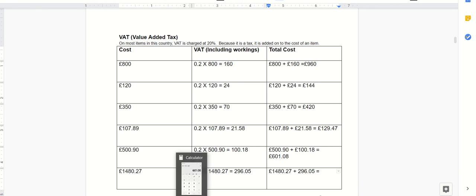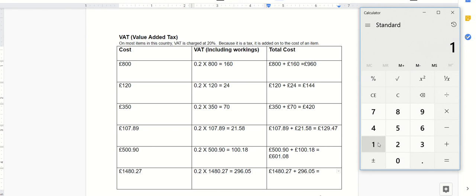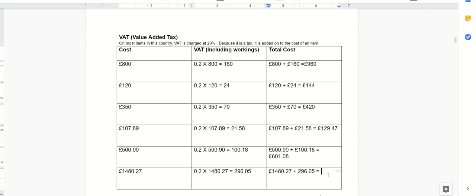So there we go. 1480.27 added to 296.05 gives us 3,256.32. And that's how you do all of those, adding VAT to things.